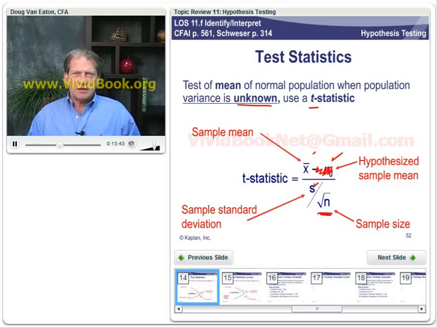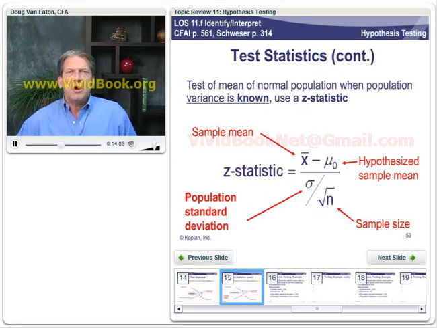So our standard error that we're dividing our sample mean by is the sample standard deviation divided by the square root of n, the square root of the sample size. And so our test statistic is really in standard errors from the mean. How many standard errors is it from our hypothesized mean?